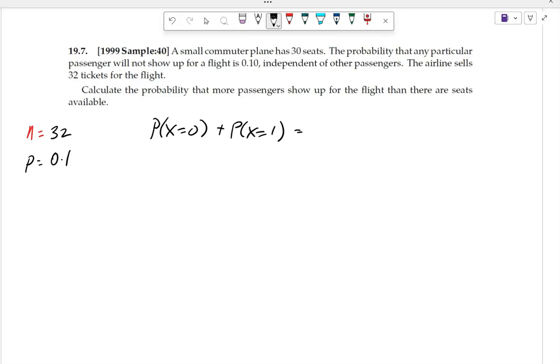What would you get for the probability that X is 0? 32 choose 0. Okay, so the 1 minus p in this case is 0.9 to the 32, and 0.1 to the 0 in this case, right?